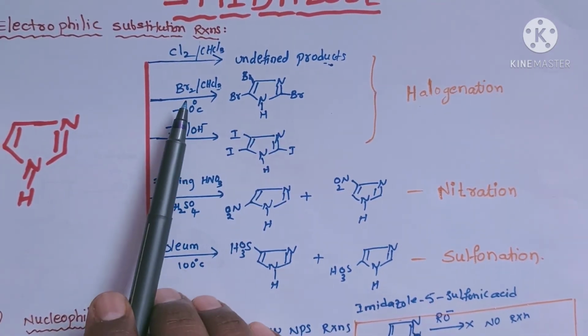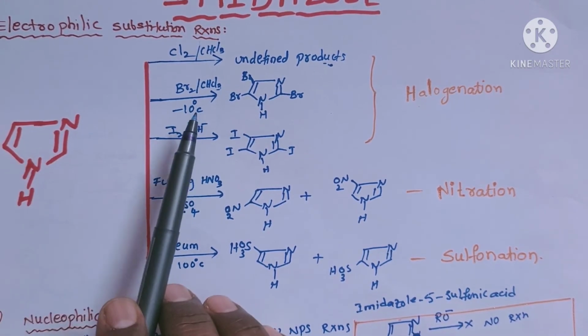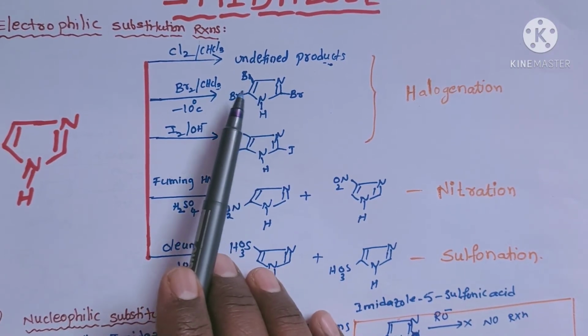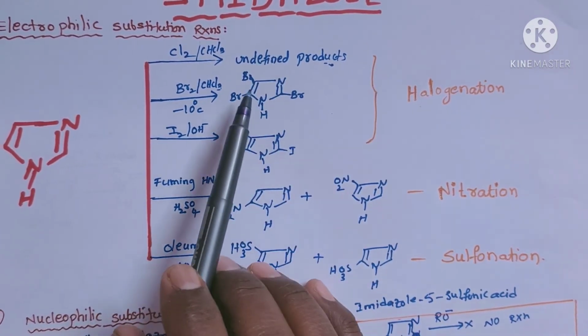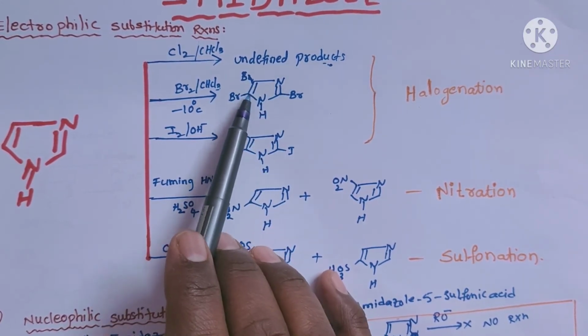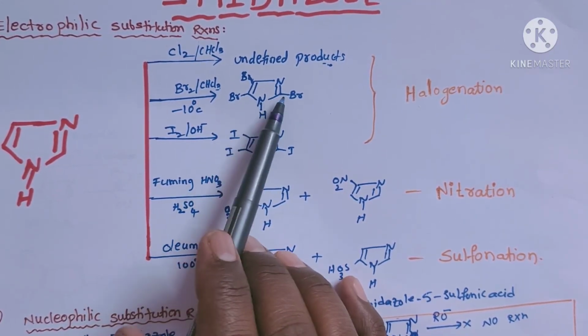And when bromine reacts with imidazole at minus 10 degrees centigrade, we get different products. Among them, this is one: 2,4,5-tribromo imidazole.